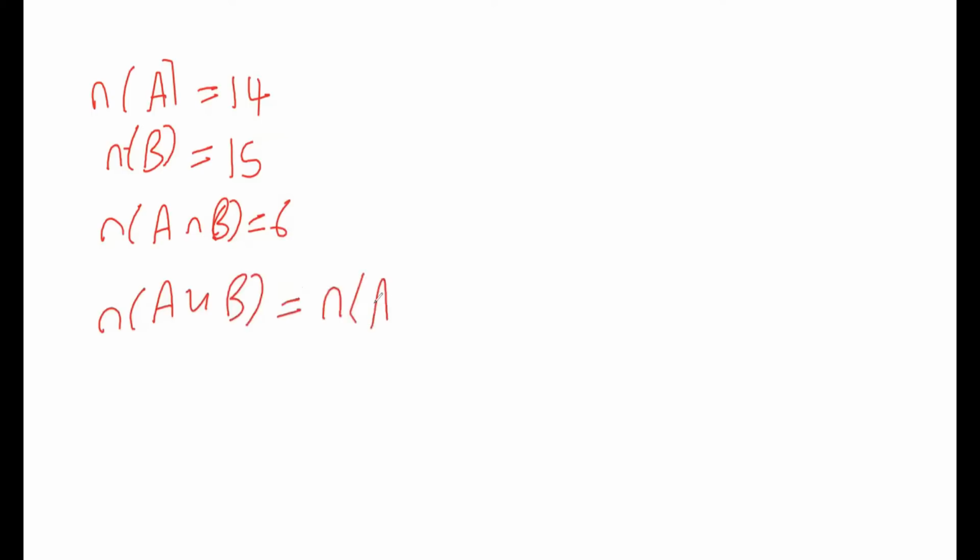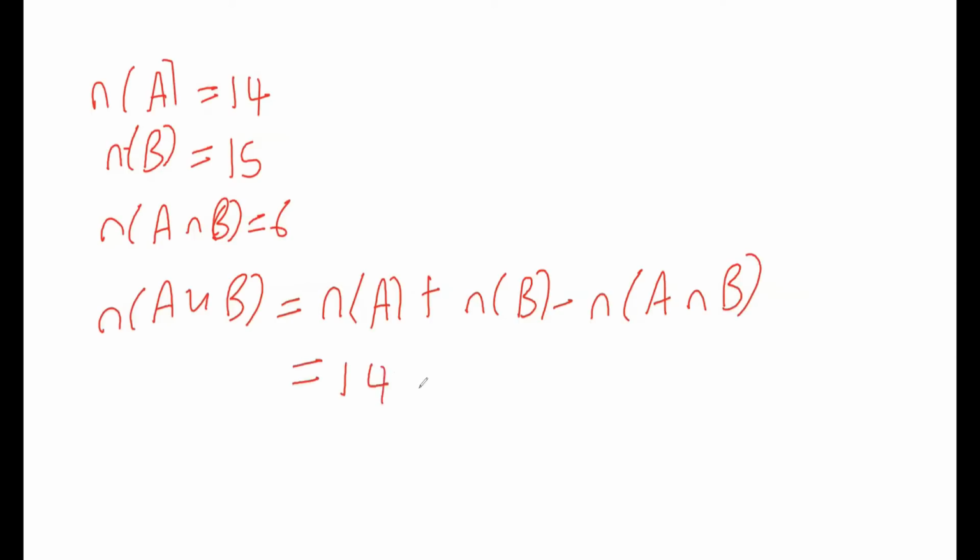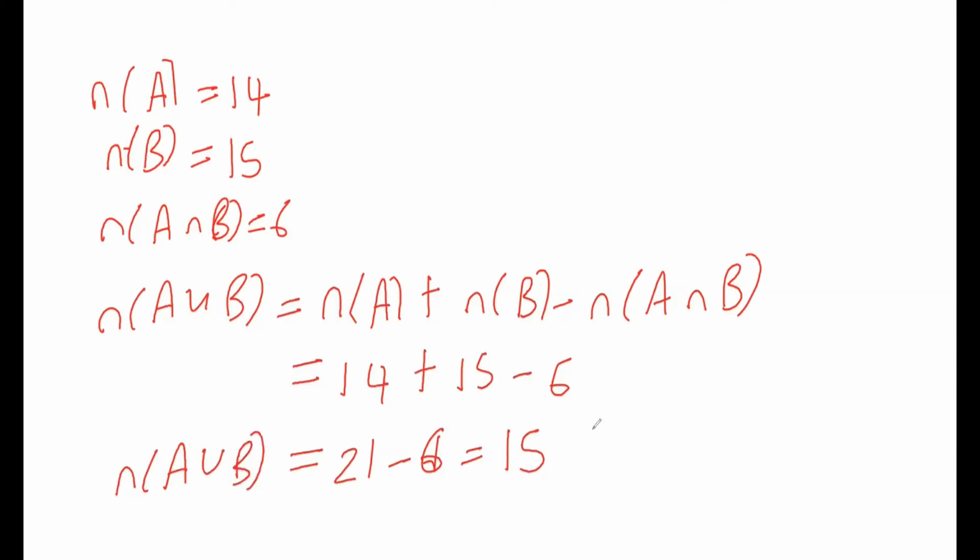It's the number of elements in A plus the number of elements in B minus the number of elements in A intersect B. So that's going to be 14 plus 15 minus 6. That is going to be 21 minus 6, and 21 minus 6 is 15. That's the number of elements in A union B, 15. Nice. So we go back and look which one is 15.